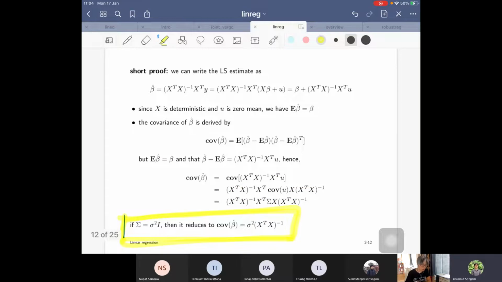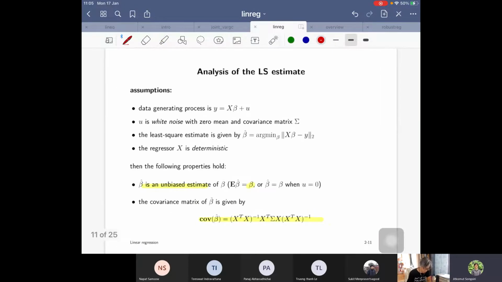But there is a special case: when the noise corrupting the ground truth model, or the term we will use, the data generating process, is IID and has a uniform variance, which is sigma square. Under such an assumption, it doesn't have to be normal.